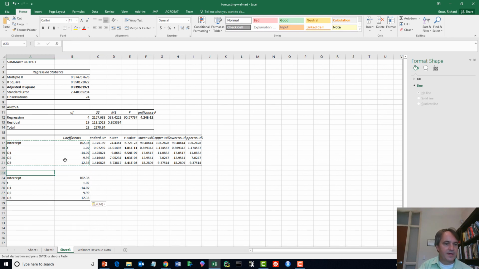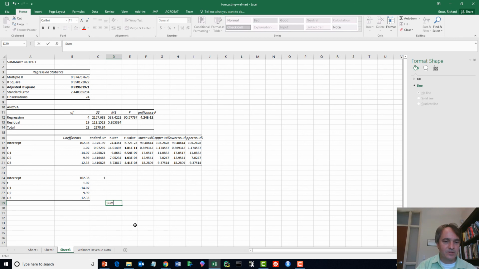Remember that I have to do an equation where I multiply this times 1, and then multiply this by the time period, multiply this by whether it's a first quarter, multiply this by whether it's a second quarter, multiply this by whether it's a third quarter, and then add them all up, right?